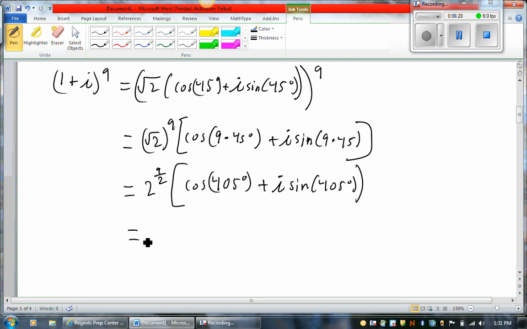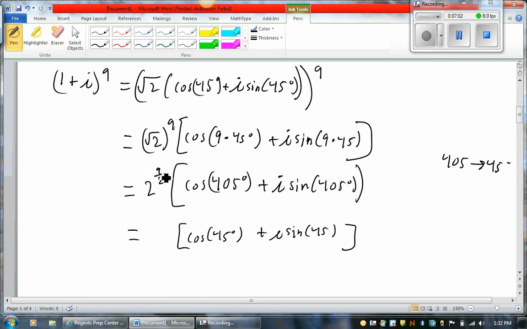A little more simplification. 405 has a reference angle of 45 degrees, so we can think of it as cosine of 45 degrees plus i times the sine of 45 degrees using our reference angles.